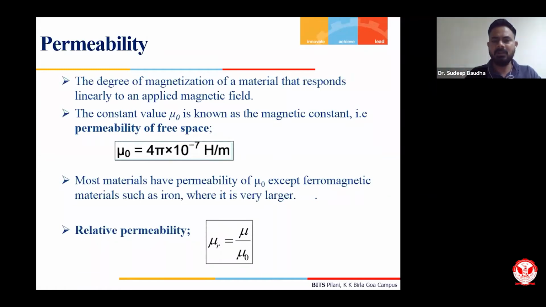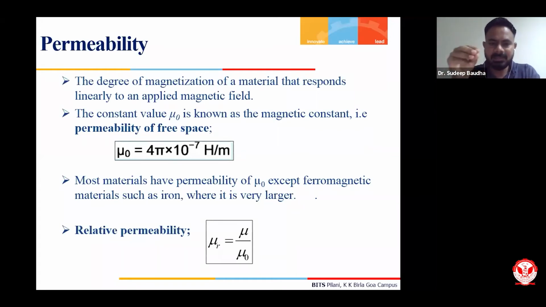If we talk about general materials such as air, FR4, Rogers, all these types of materials, permeability is mu naught, which is 4 pi into 10 to the power minus 7 Henry per meter for most of the materials.